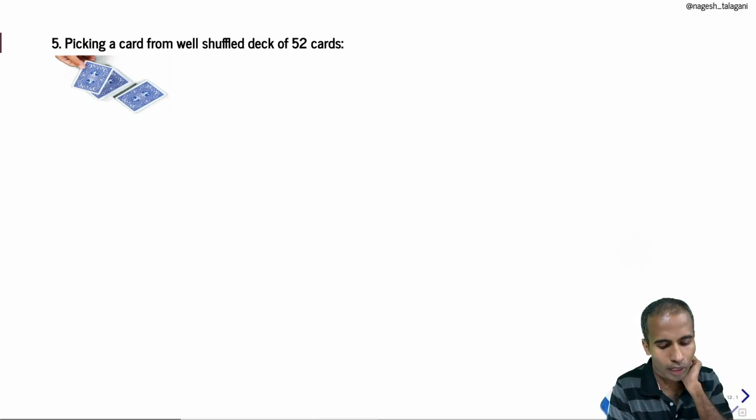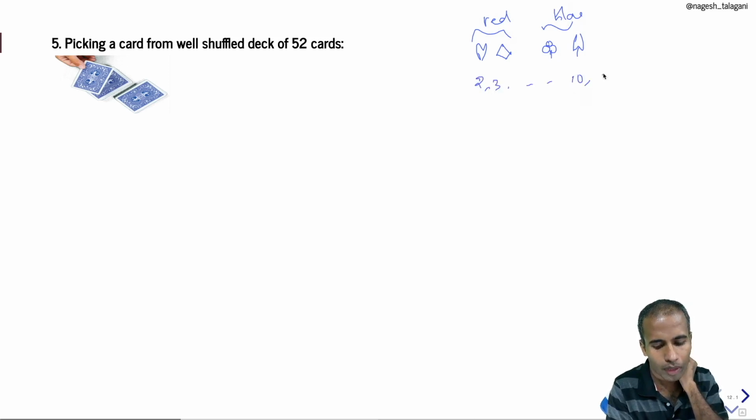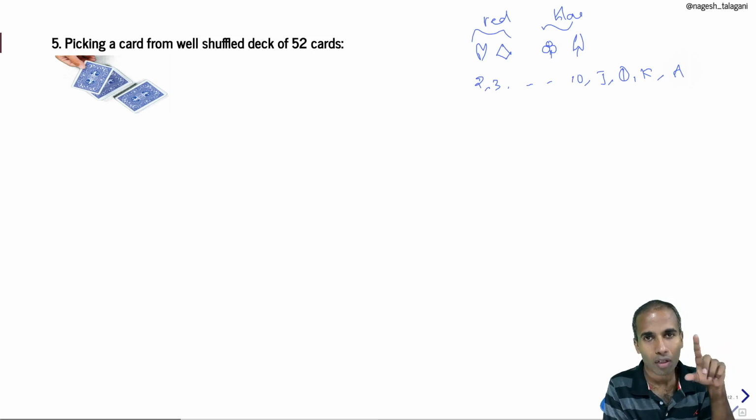The suits are hearts and diamonds, both red, then clubs and spades, both black. Then the ranks are 2, 3 up to 10, then J, Q, K and A. Here J is like 11, Q is like 12, K is like 13, and A can be treated as 1 as well as 14.